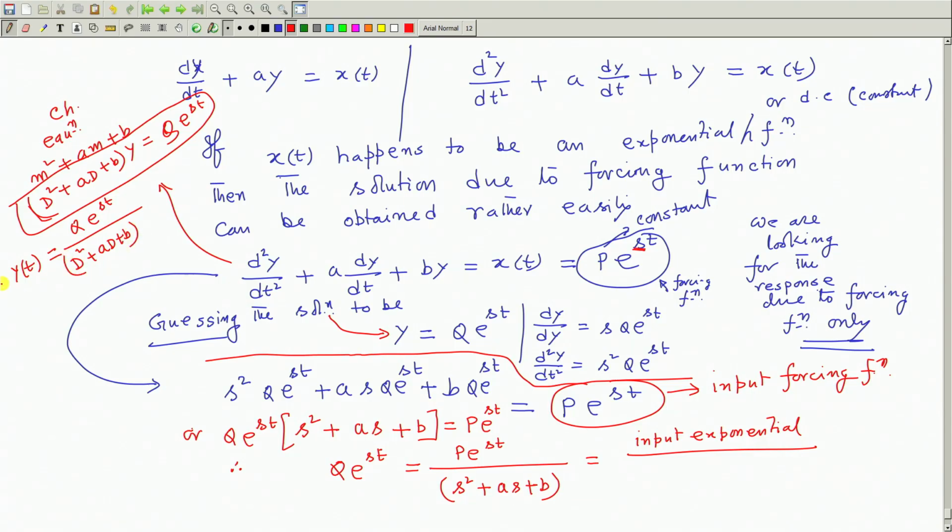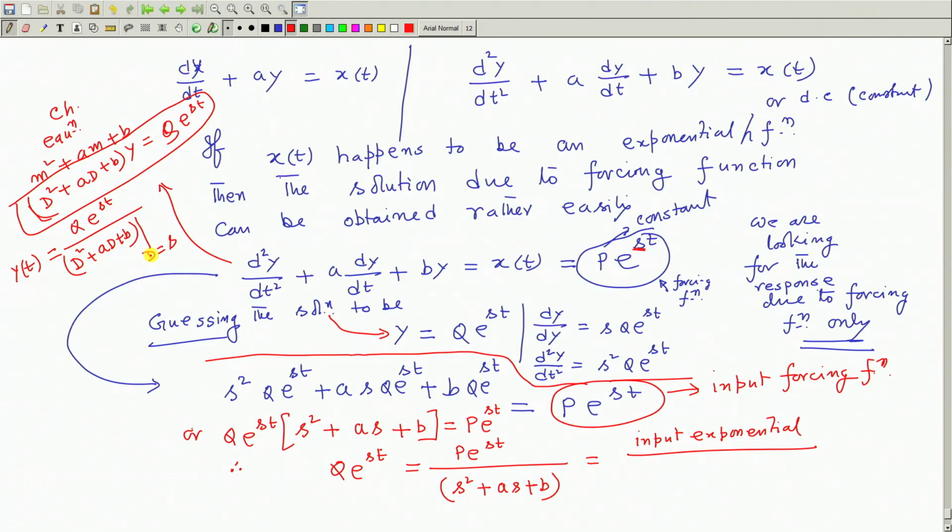It is not correct to write the operator this way and it is difficult to manipulate, but the result is this: the characteristic equation coefficients come, and D equals s.